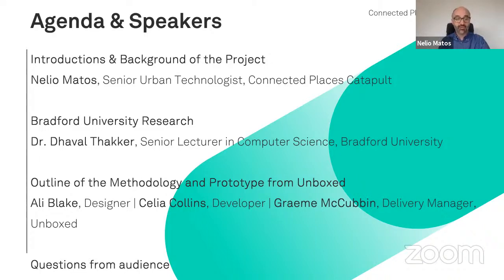And this work was then carried out by the University of Bradford and Sheffield teams, and also by Unboxed. The teams were tasked with building a wireframe prototype tool that explores ways to integrate land use planning processes within achieve net zero carbon emission targets.